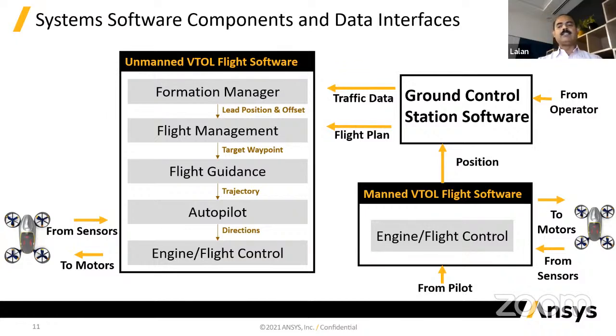The flight guidance receives a waypoint and calculates the trajectory in between, for example obstacle avoidance or meeting a certain time requirement or certain desired orientation. The autopilot then executes this trajectory using low-level flight and engine controls.